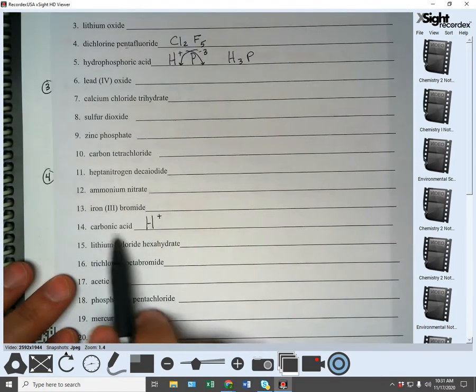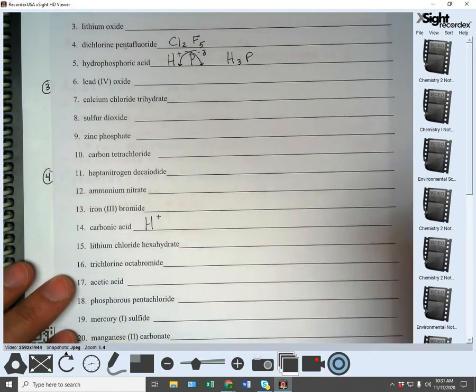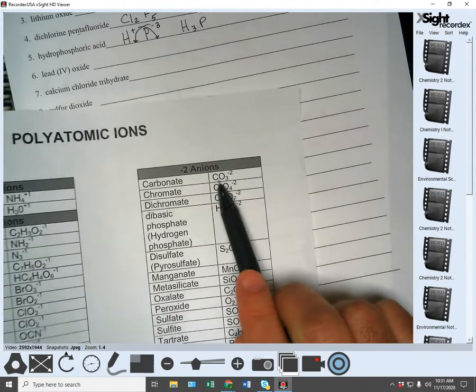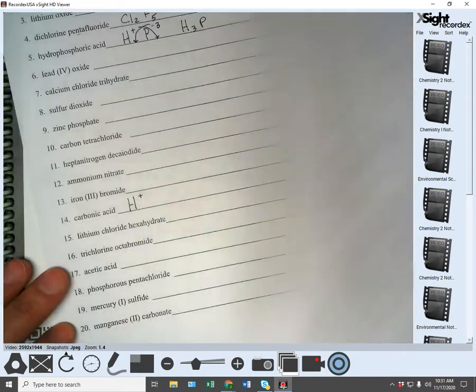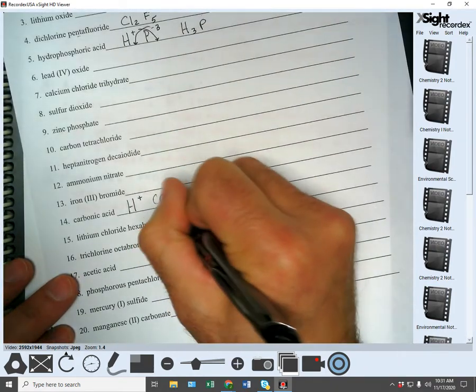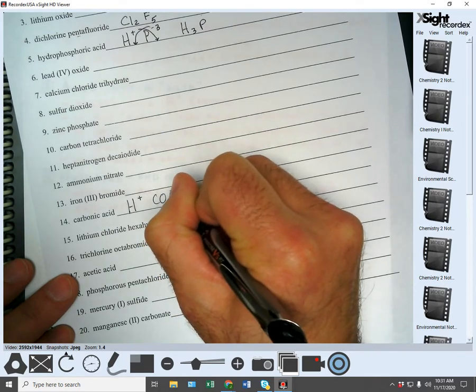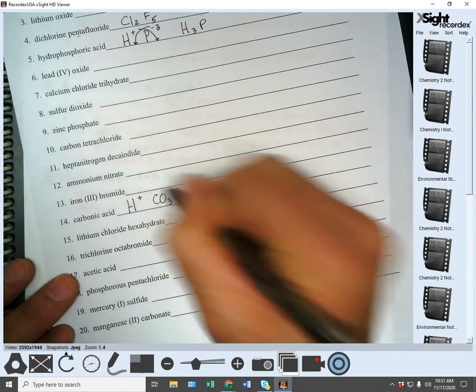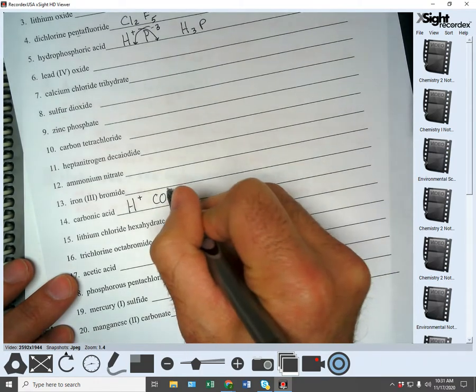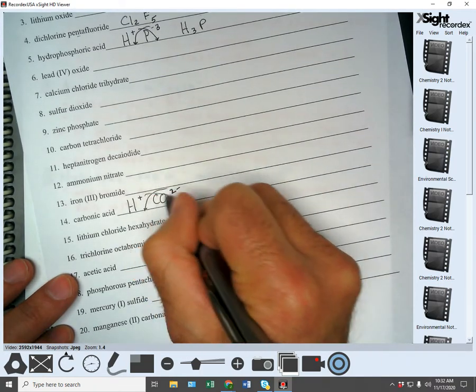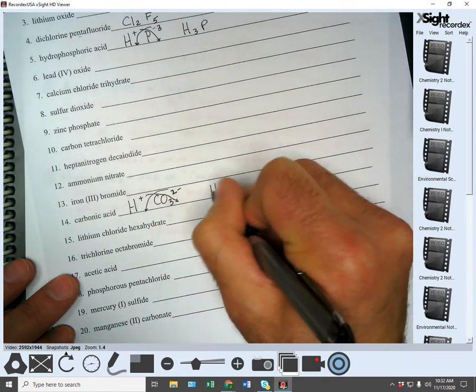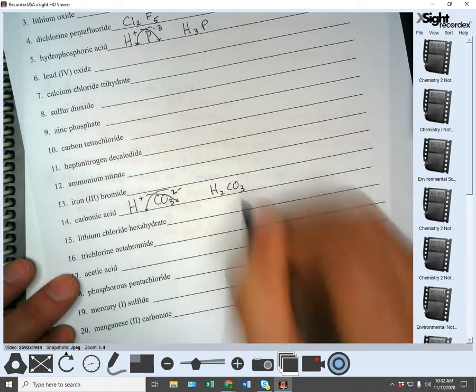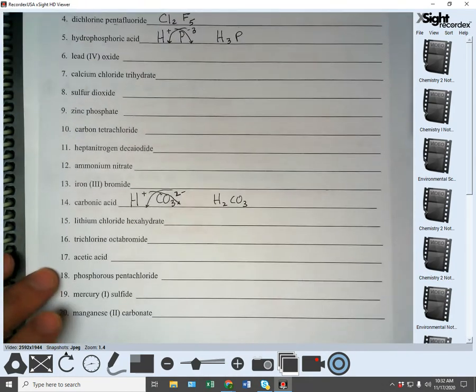So carbonic would mean carbonate. We have to look up carbonate on our polyatomic sheet. Carbonate is CO3 2 negative. We reduce if we can, we can't. We cross down. We get carbonic acid, H2CO3.